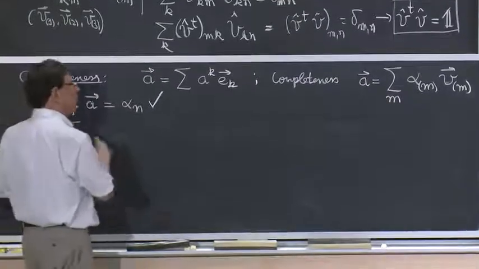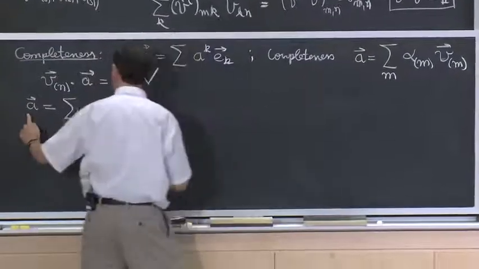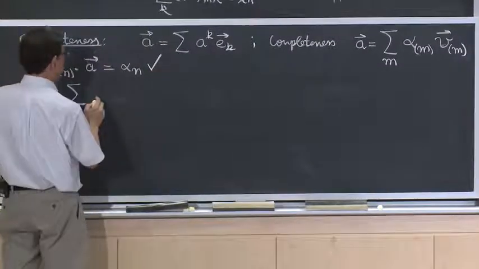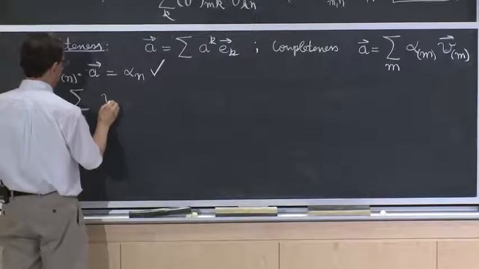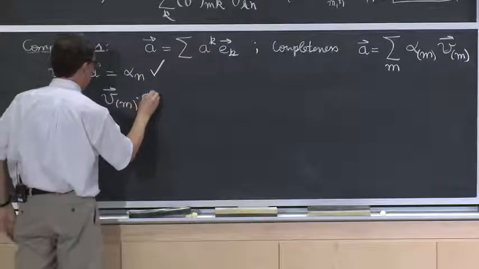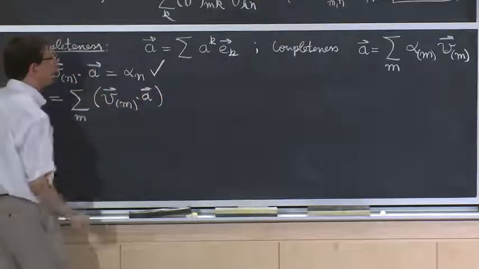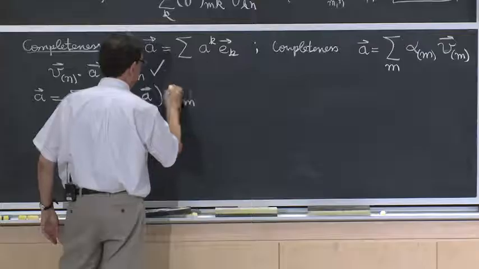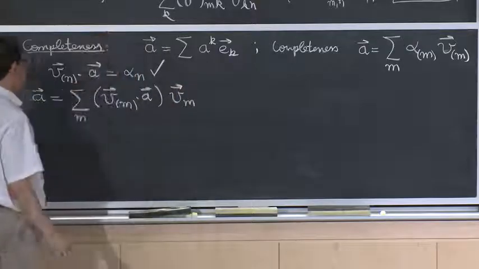So what is A? Now, from the equation here, we'll just write this. This is the sum over m. The alpha m is equal to Vm dot A. And then we have the vector Vm.